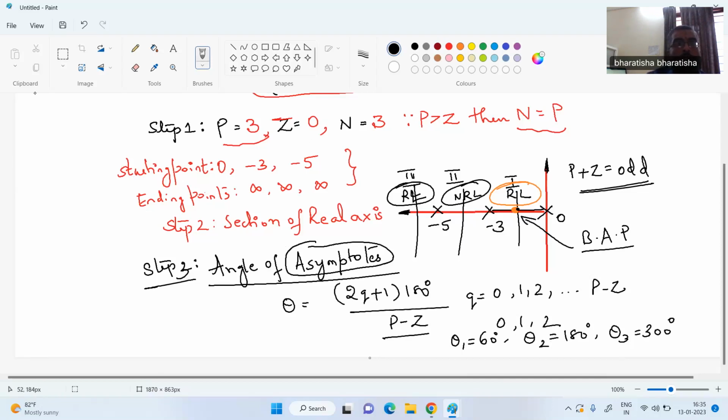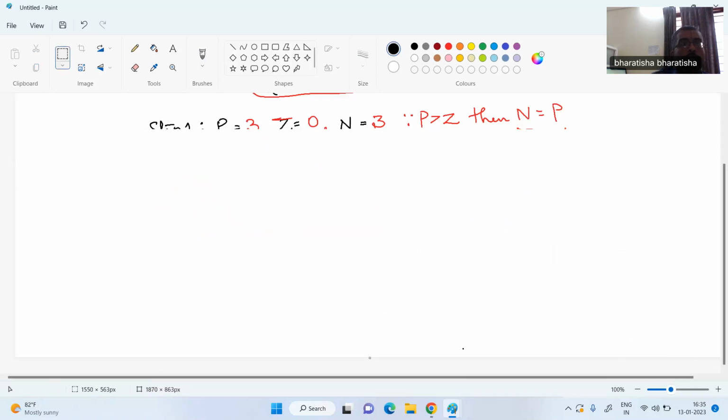Is it clear? So once you have found out the angle of asymptotes, then we will start finding the centroid. Centroid is a point at which the angles of asymptotes will meet. So you have to find out in step 4 the centroid.